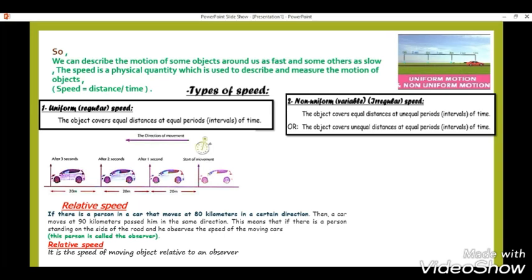So in this case, we can't use the law of the speed, v equals d divided by t, but we calculate the addition of the total distance.